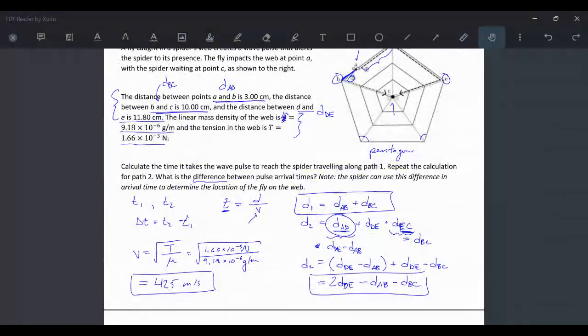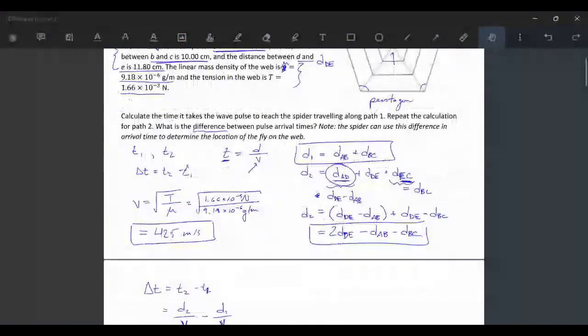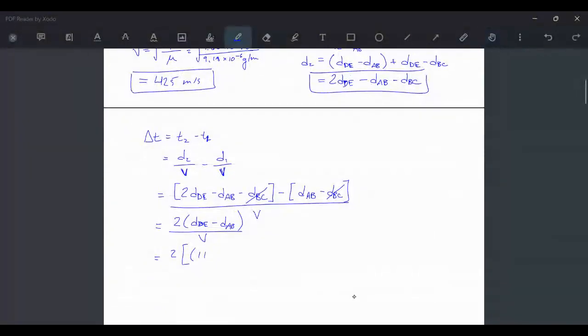The distance from D to E is 11.8 centimeters. AB is just 3 centimeters. And the speed that we found was 425 meters per second.